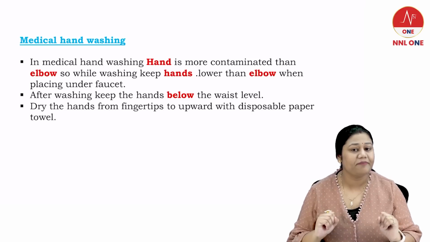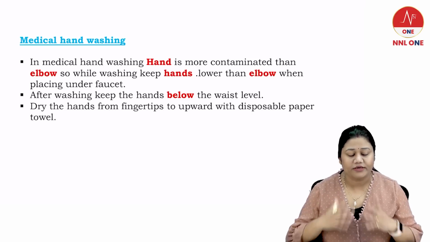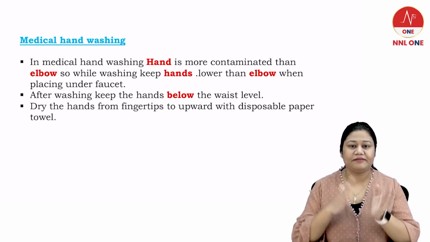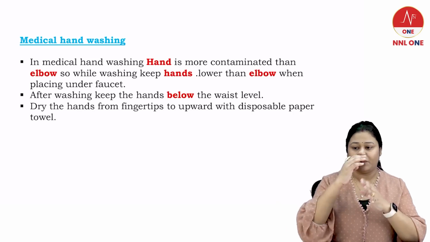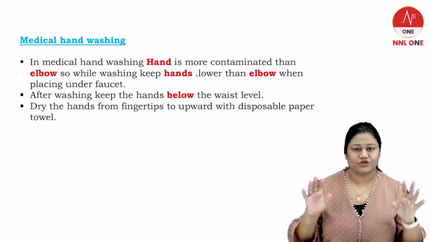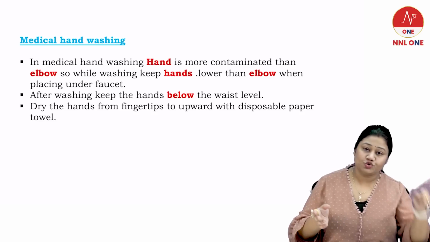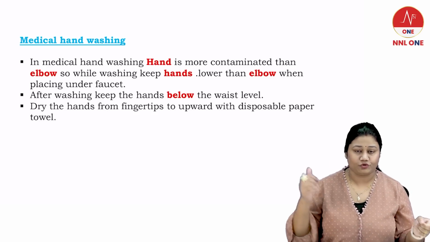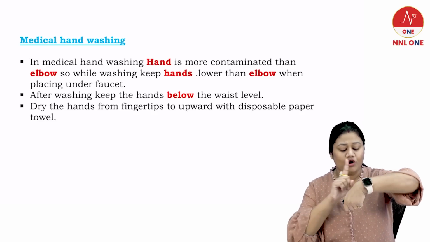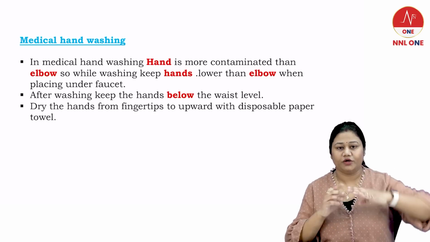This you need to remember. One more time, let us revise: in medical hand washing, once we are done with the application of soapy solution, we wash the hand from wrist to the fingertip, because we want the water to flow from less contaminated toward more contaminated.